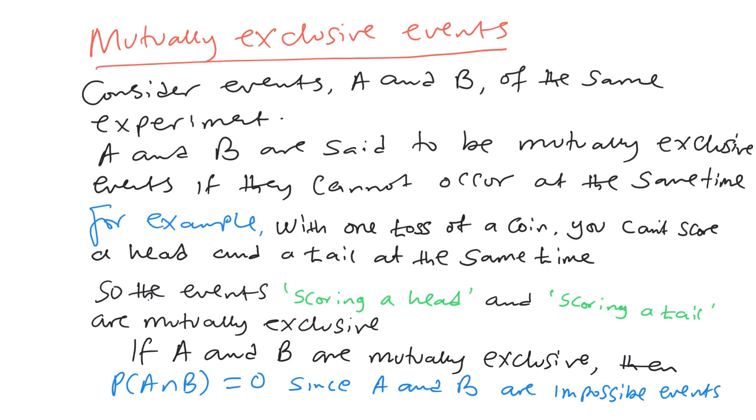You can't have both A and B occurring at the same time. So A and B is an impossible event.